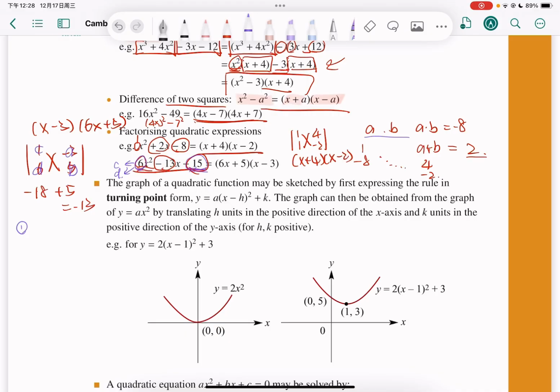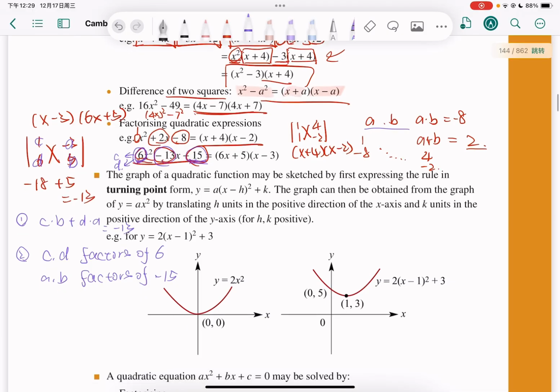You need to make C times B plus D times A equal to the middle term, negative 13. And you need to make sure that C and D are factors of the leading term constant, and A and B are factors of the constant negative 15.